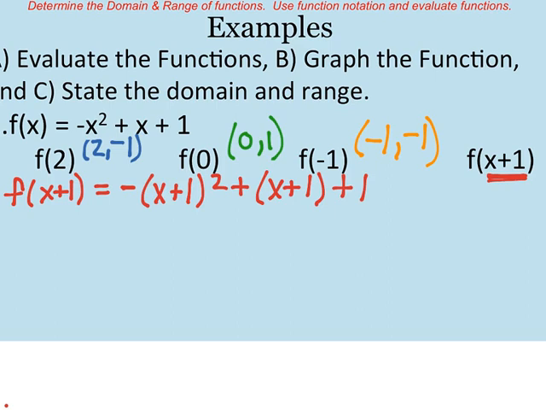An expression is when you've got one or more terms involving variables without an equal sign. So instead of having f of x, we are going to plug in x plus 1 everywhere that there was originally the variable x.